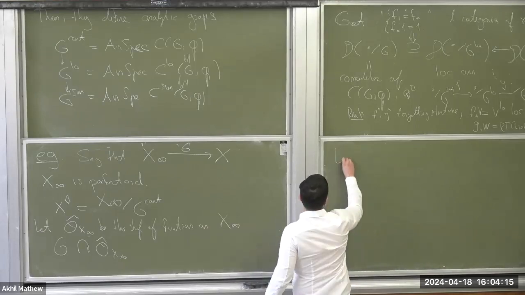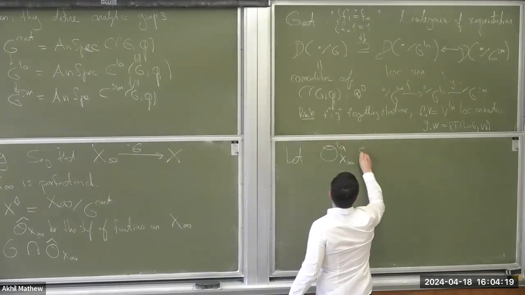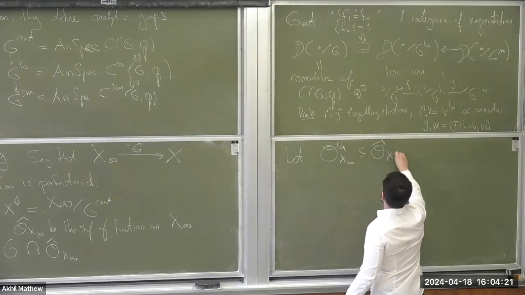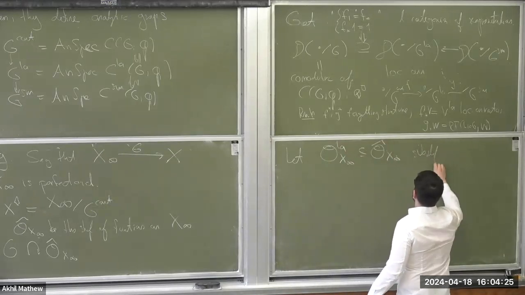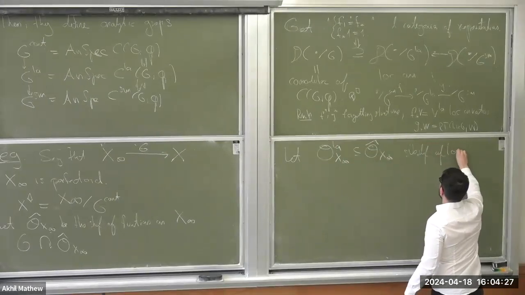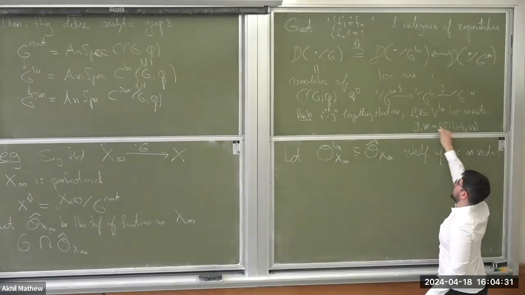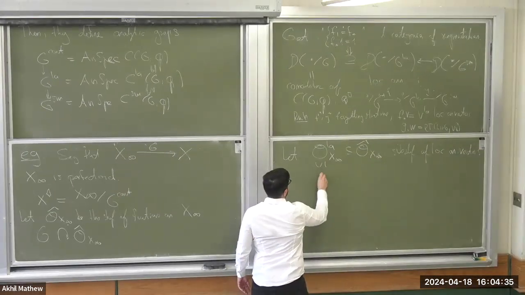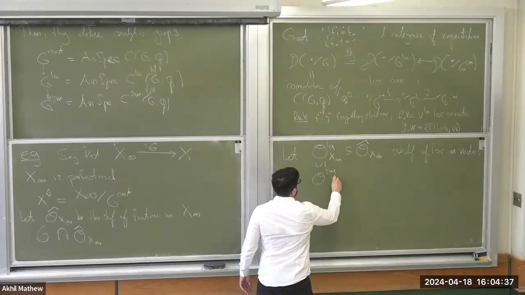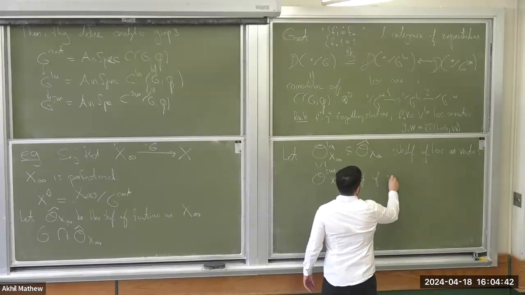So let O^la be the subsheaf of locally analytic vectors. And also inside here, take the smooth sheaf of smooth vectors.